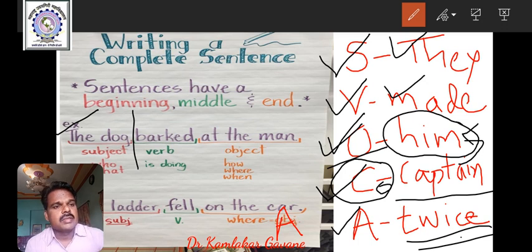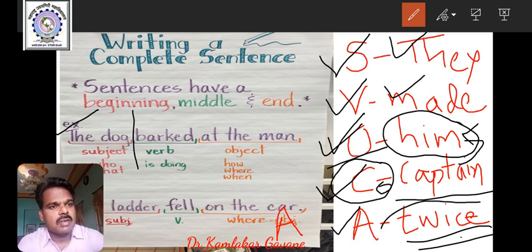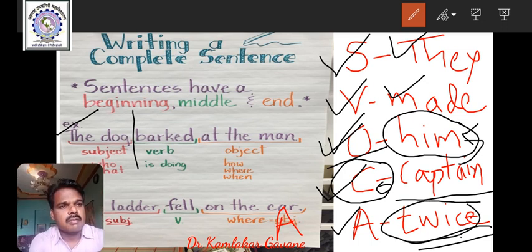So this adverbial element can be moved to the beginning, the middle, or the end of the sentence. Hence, adverbials are called the most mobile elements in a sentence. And you can add as many as 2, 3, 4 adverbial elements to make your sentence longer and longer.